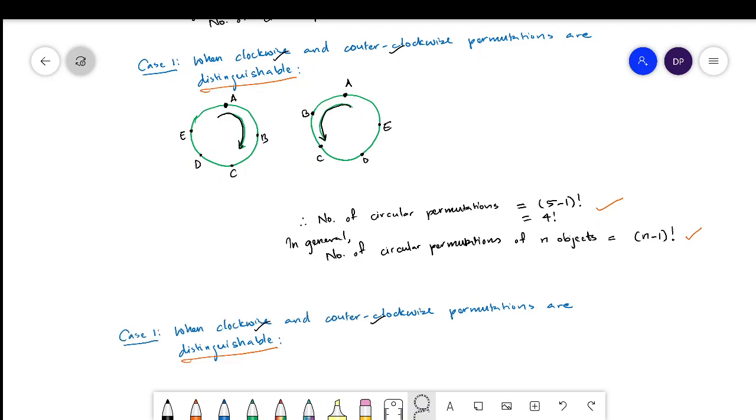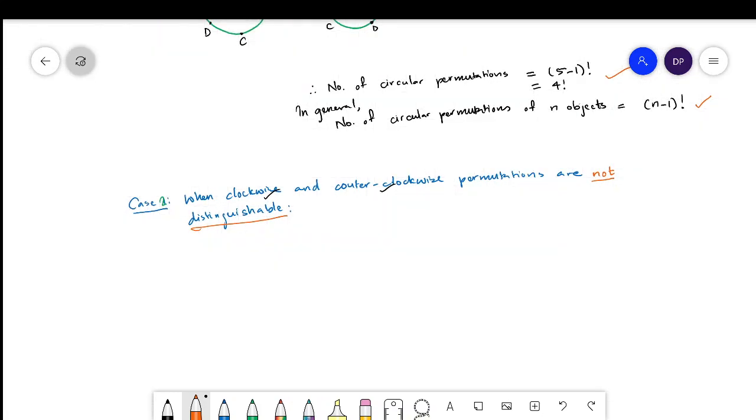So case 2 says, now we just modify this one. In case 2, we will say clockwise and counterclockwise permutations are not distinguishable. Case 2 says they are not distinguishable.